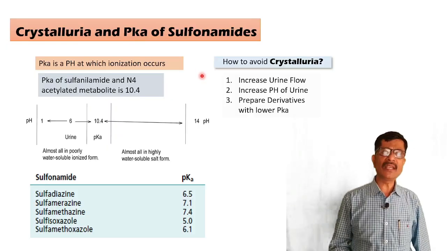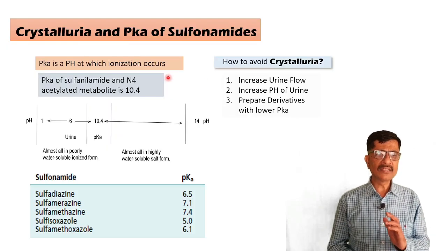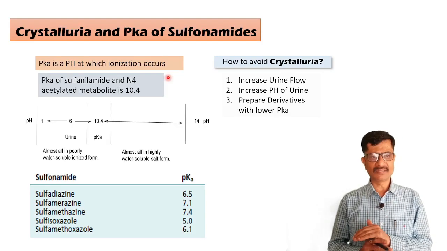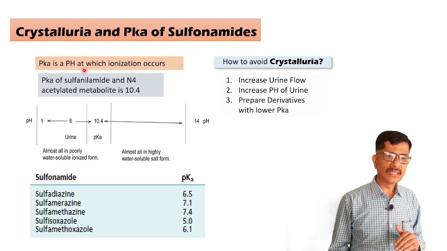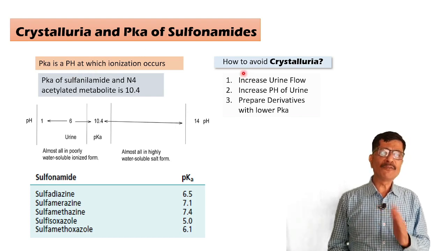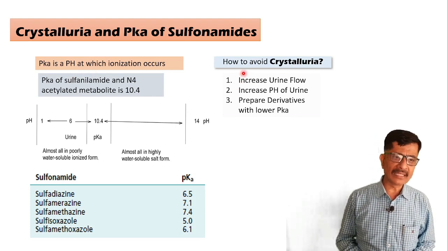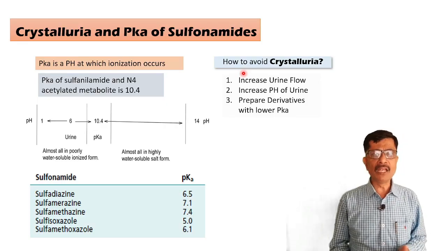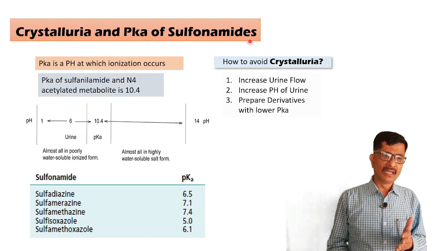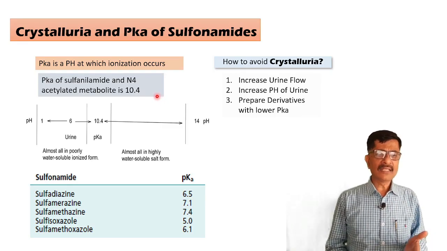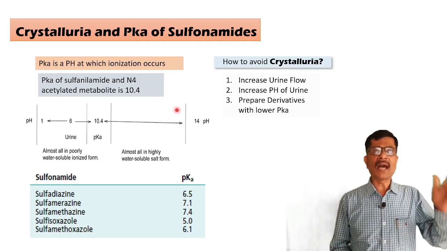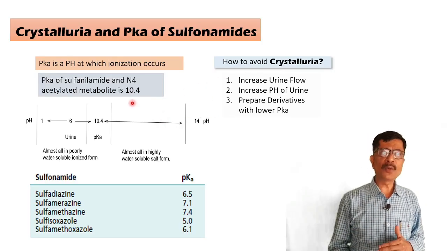So what is pKa? pKa is the pH at which it shows ionization. Now look at this sulfanilamide and its N4 acetylated metabolite; they have a pKa value of 10.4. It means it ionizes at 10.4 pH. It gets solubilized at 10.4 pH.